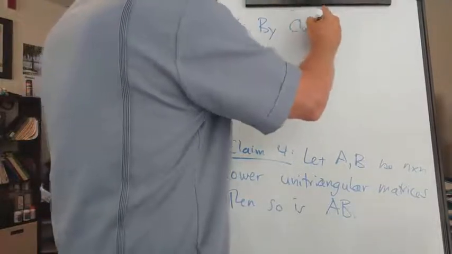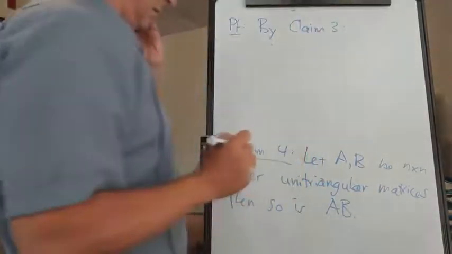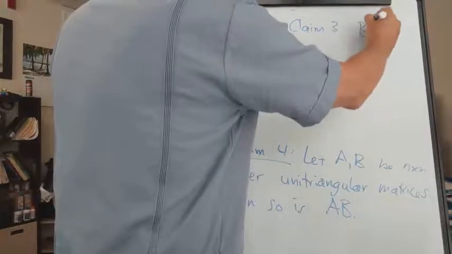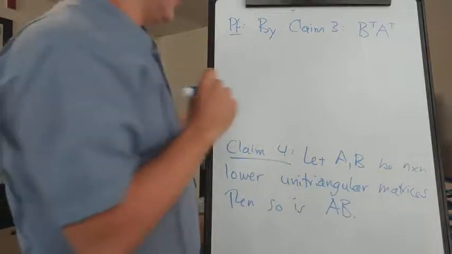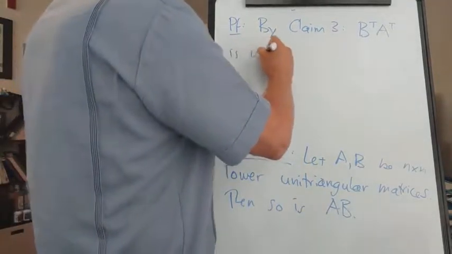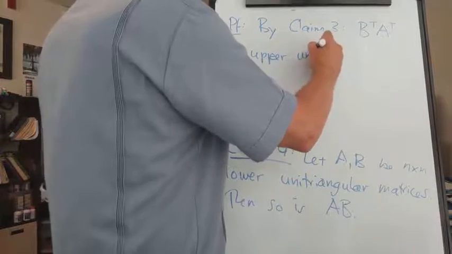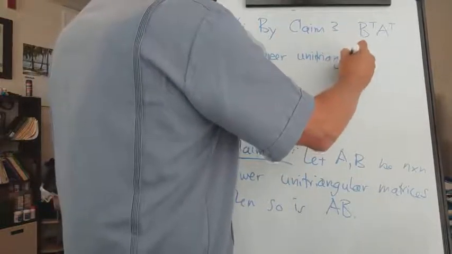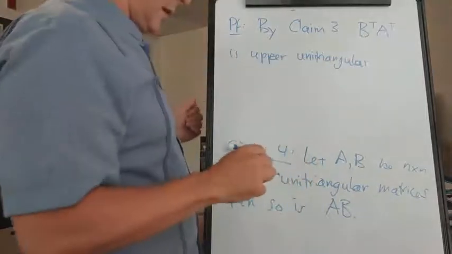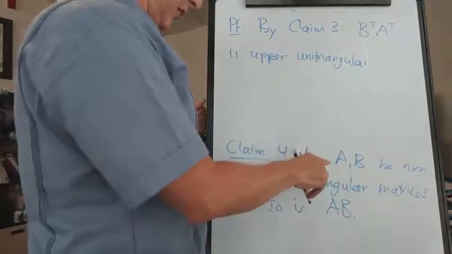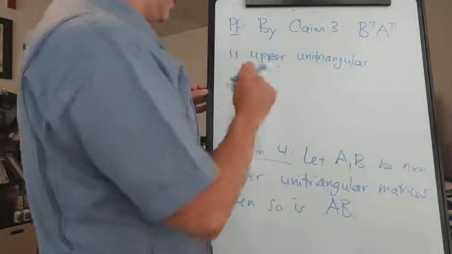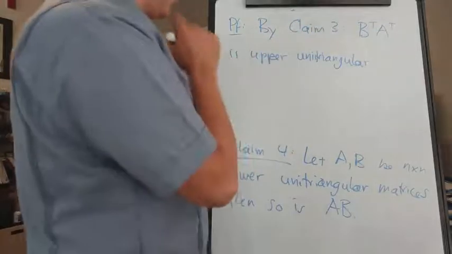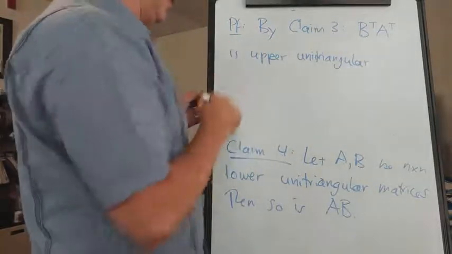So by claim 3, B transpose A transpose is upper unitriangular, because if A is lower unitriangular, A transpose is upper unitriangular, and same for B. And then a product of two upper unitriangular matrices is upper unitriangular by claim 3.